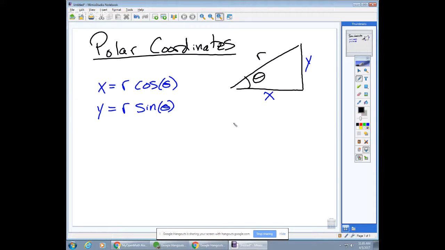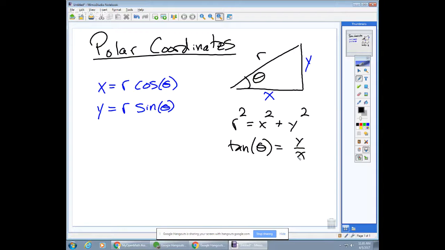Other ones: r squared equals x squared plus y squared, and the tangent of theta is equal to y over x. Okay, so those are going to be pretty useful for us for now.